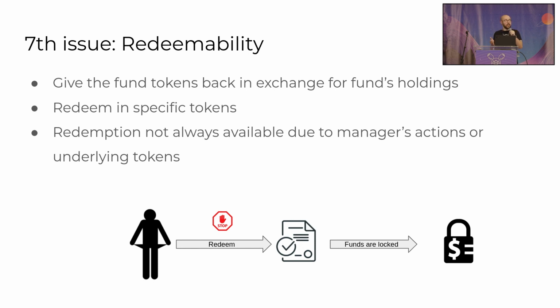Then, of course, I cannot withdraw, right? Because all the value is used as collateral. Another case might be that we want to, for example, redeem in a token which has some peculiarities in its behavior and doesn't allow transfers all the time.